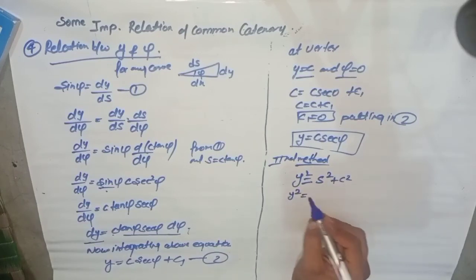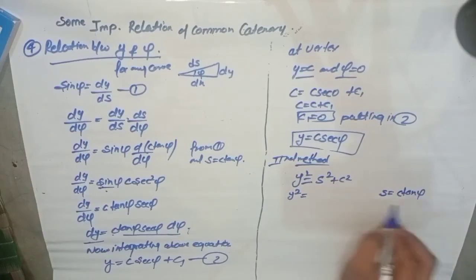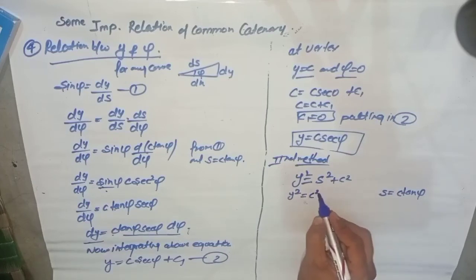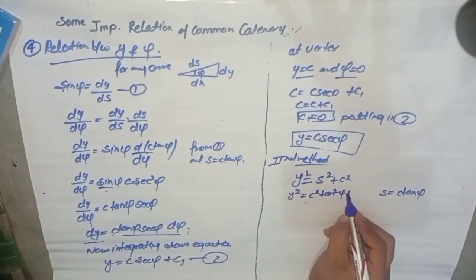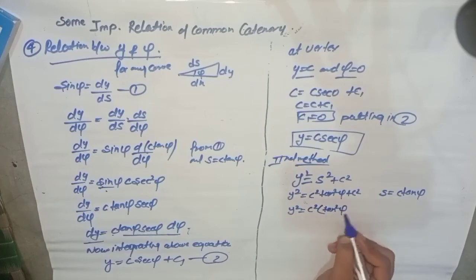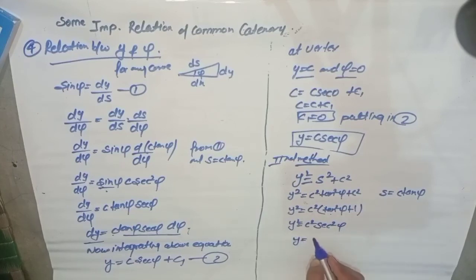Now we put the value of s from the intrinsic equation, s = c tan ψ, so y² = c² tan²ψ + c². Taking c² common, we get c²(tan²ψ + 1). Again we know that tan²ψ + 1 = sec²ψ, so y² = c² sec²ψ, and then y = c sec ψ. Hence proved.